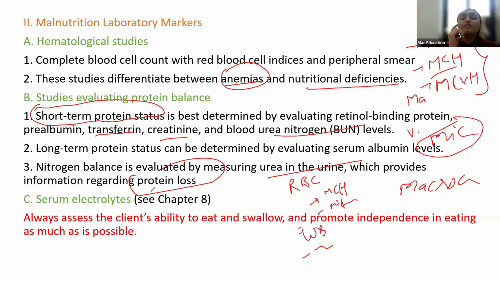Urea is also present in urine, so if you test the urea in the urine, you can get an idea about protein loss. The nitrogen balance can be identified through the urea in urine test. Understood? These are the methods of evaluating protein balance, short term and long term. There are different kinds of blood tests through which you can identify the protein status of a person. Understood?